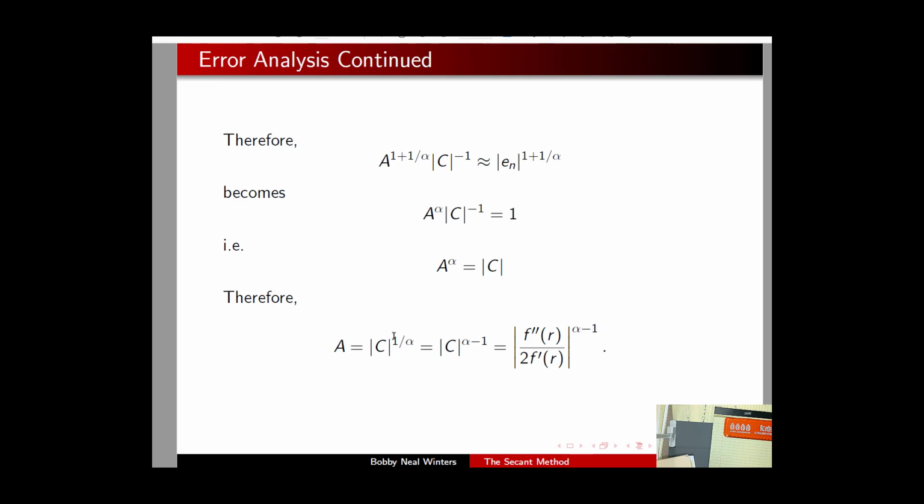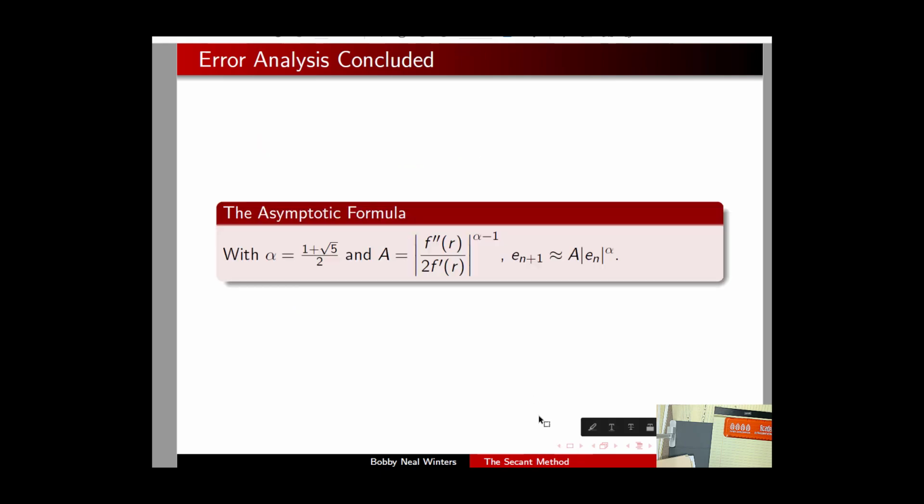And so again, we obtain our numbers to get this asymptotic formula for convergence, and the point of all this is we don't have quadratic convergence.